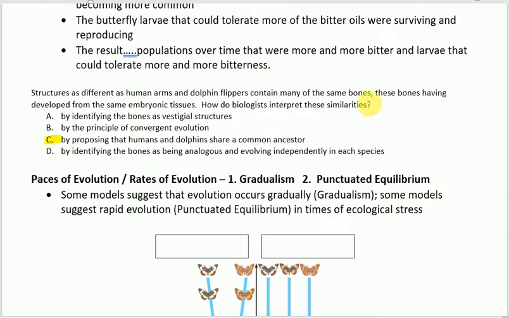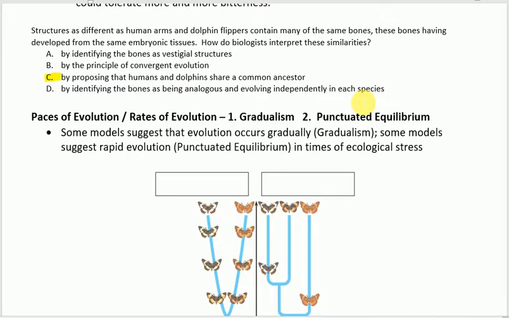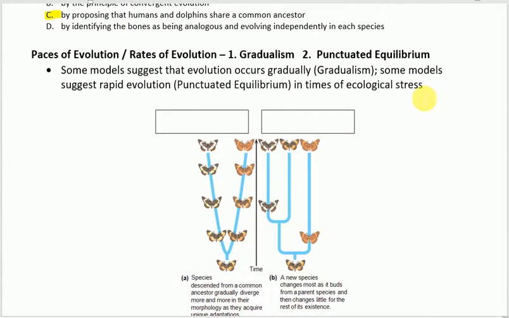So let's talk about evolution and the different paces or rates that happen. First, there's gradualism, and then second, there's punctuated equilibrium. So some of the models suggest that evolution actually occurs gradually, which is called gradualism. Other models suggest that it's rapid, which is called punctuated equilibrium.